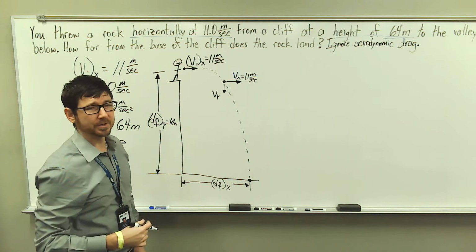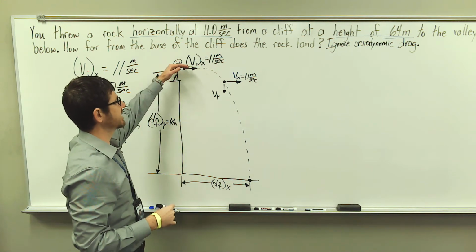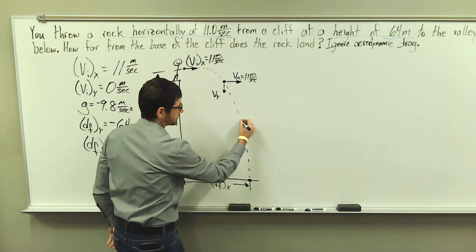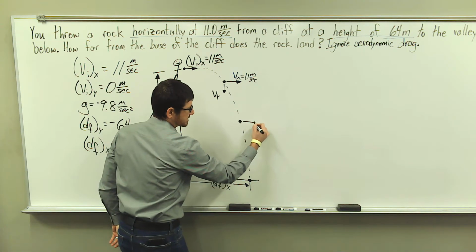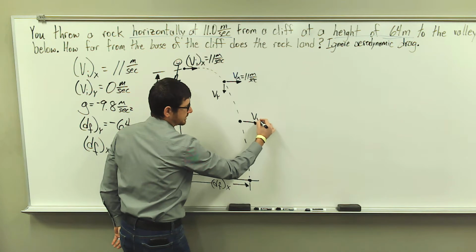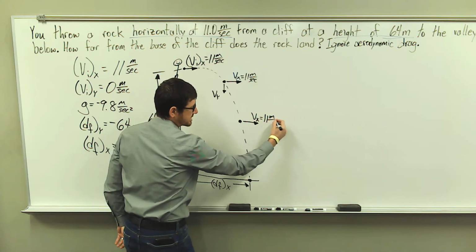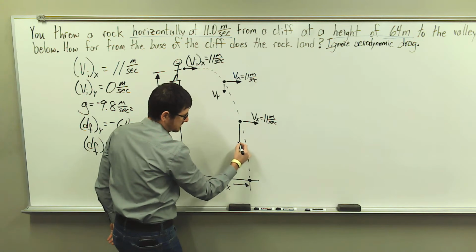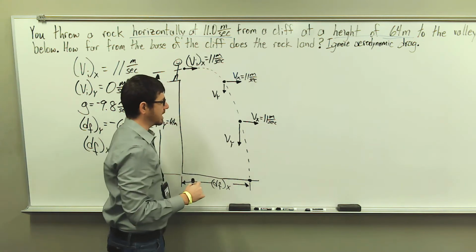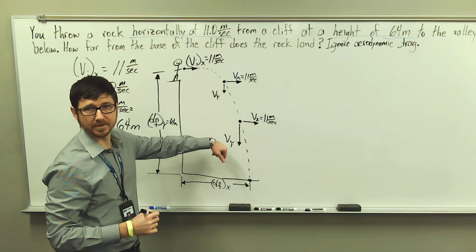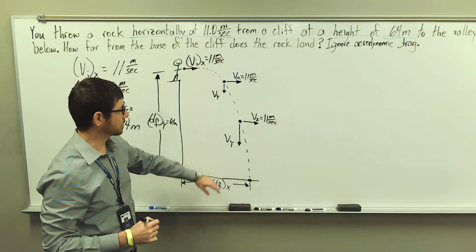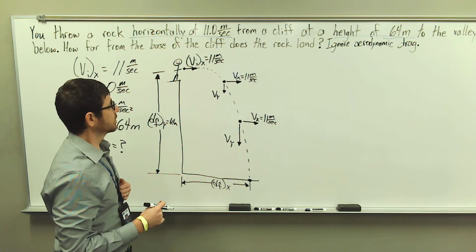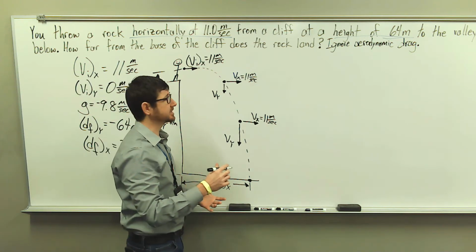Well, since we're ignoring aerodynamic drag, we're going to have a constant velocity in the x direction. So our x component will always be 11 meters per second, okay? But in the y direction, we have acceleration due to gravity in the negative y direction, so this vector will become larger. So let's calculate the final velocity in the y direction.